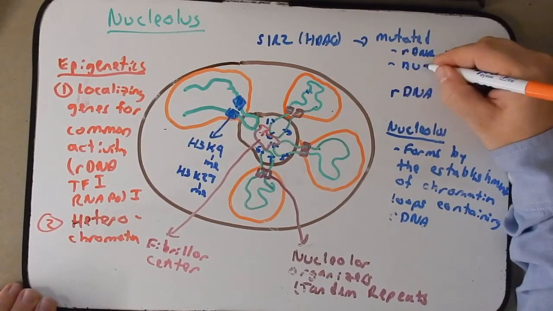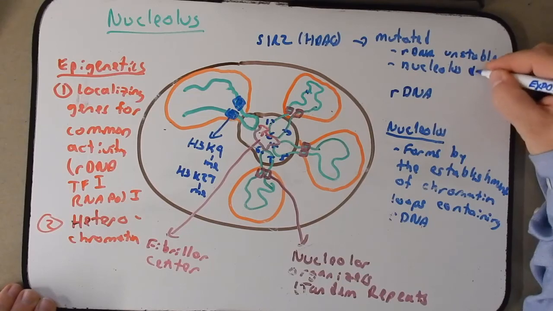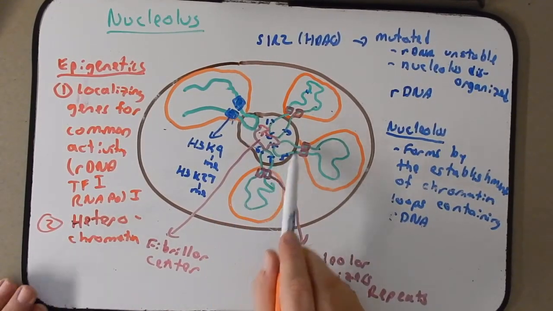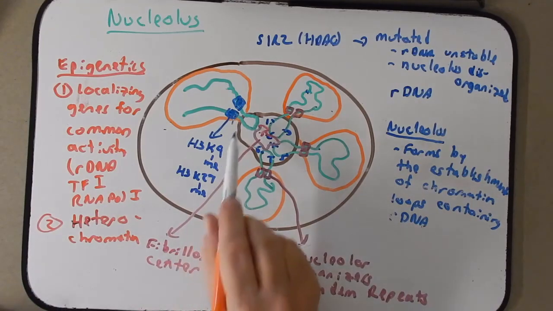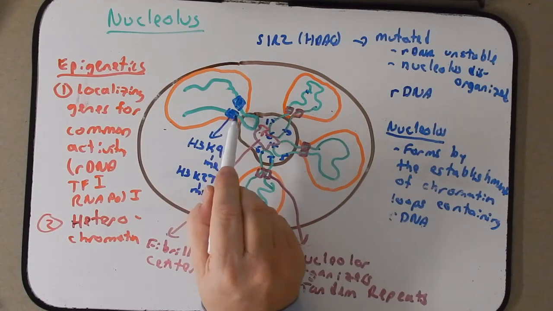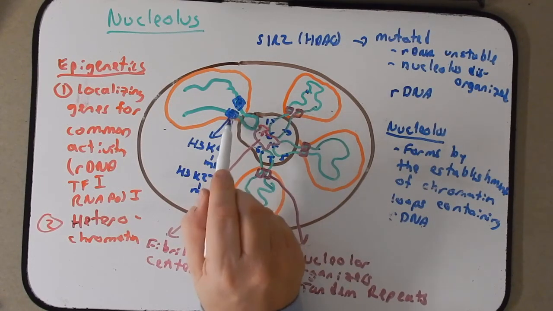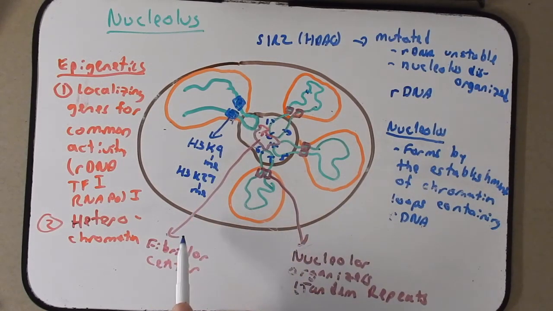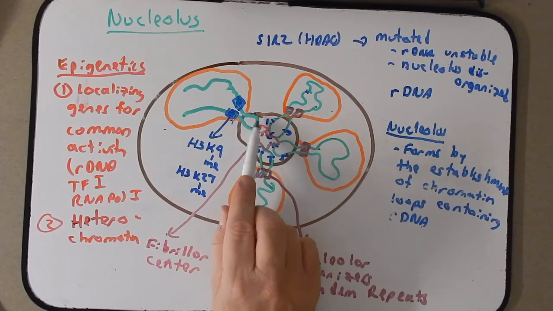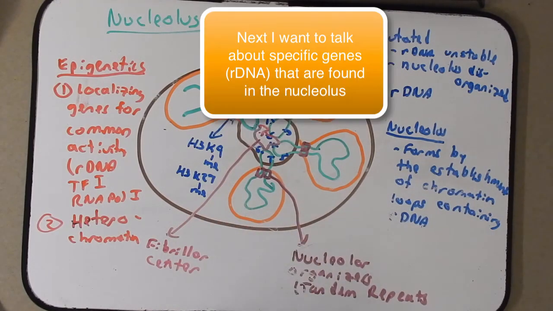And the nucleolus is disorganized to the point where it doesn't form this nicely and easily identified structure with these loops inside of it. So forming these epigenetic marks to establish the heterochromatin is very important in maintaining and forming this nucleolus. Now what I want to do is talk about the rDNA, the genes in here that make ribosomal RNAs.